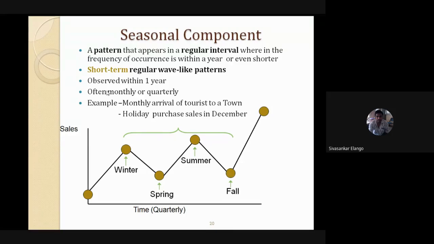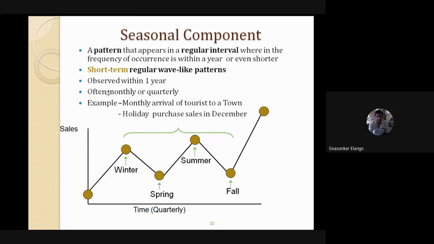So it appears at regular intervals wherein the frequency of occurrence is within a year or even shorter, right? Even in sales, a particular organization has some festival sales, like during Diwali. During Christmas, the sales increase, right? So in a year, in any supermarket or any textile showroom, they have some months during which sales are seasonal, right?